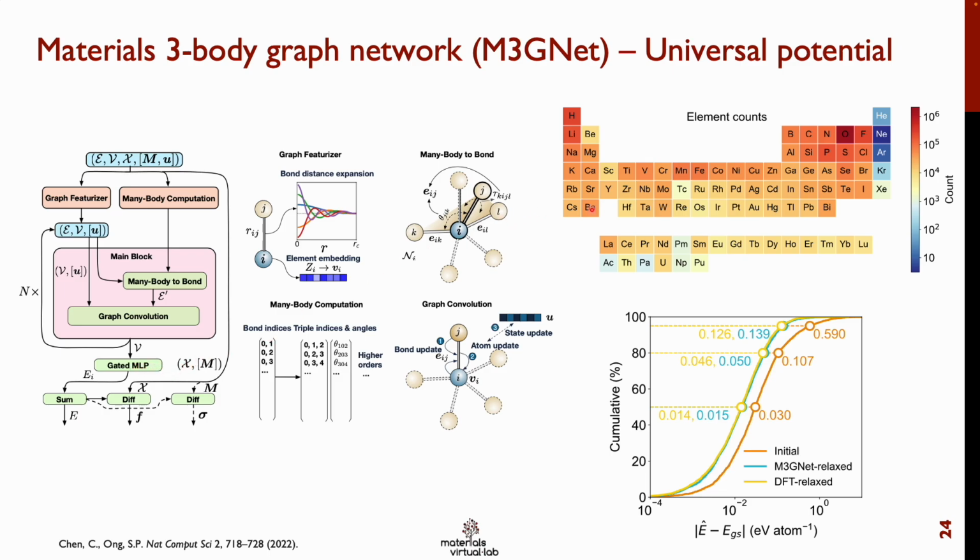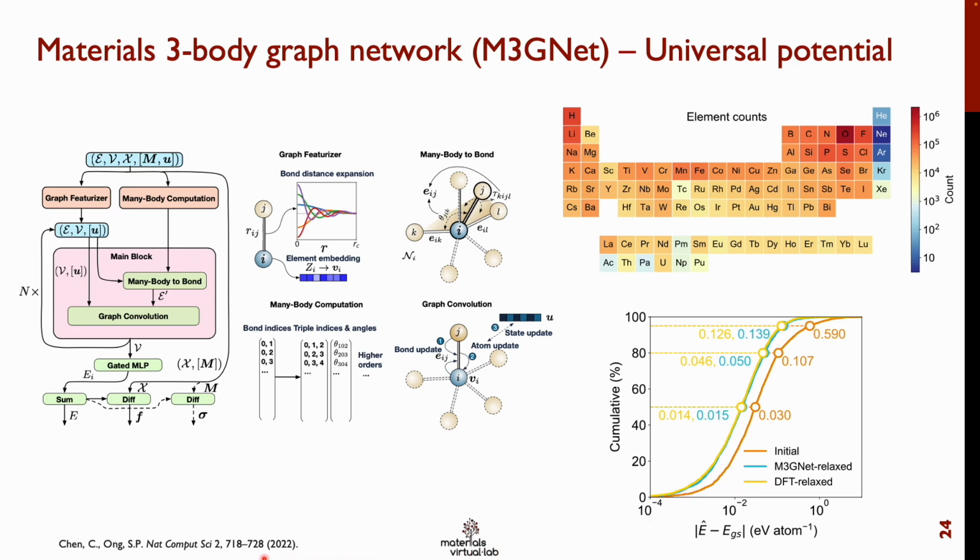This model is trained with more than 100,000 structures and data in the Materials Project, spanning 89 elements. With this universal potential, it is verified to reproduce DFT results in terms of, say, structural relaxation to a very good accuracy.